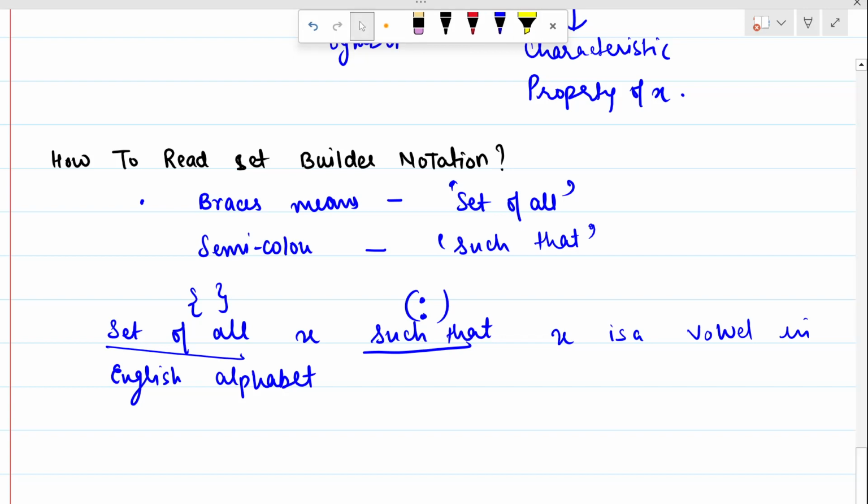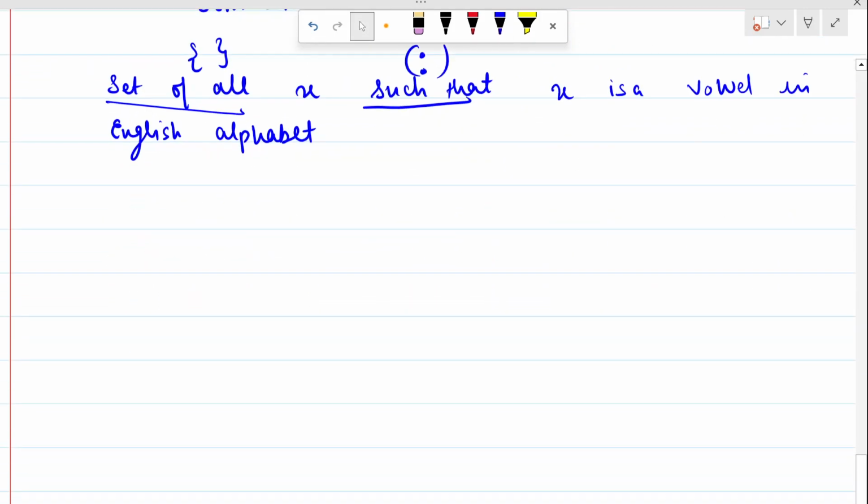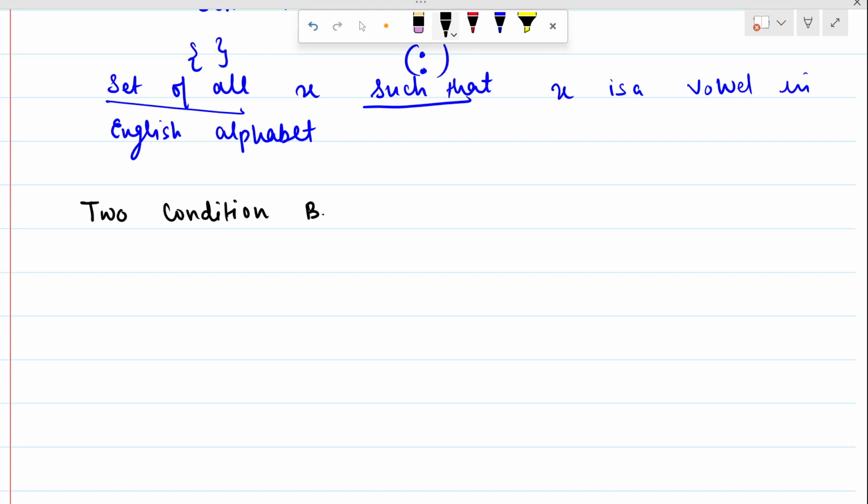So this was about set builder form. Next we have two conditions before finalizing a set notation.